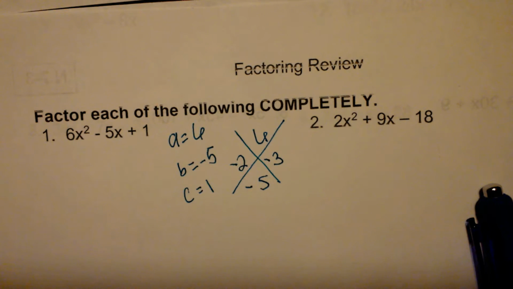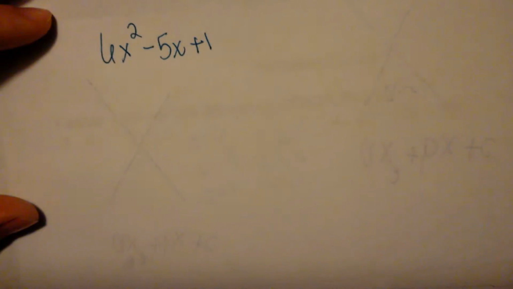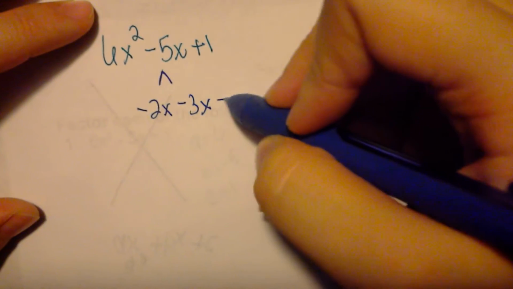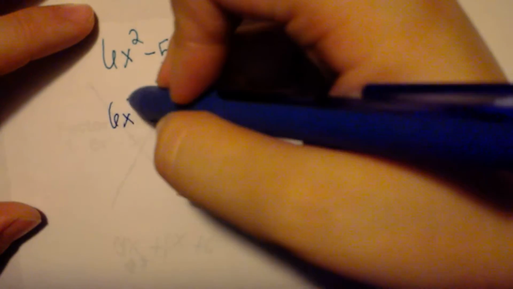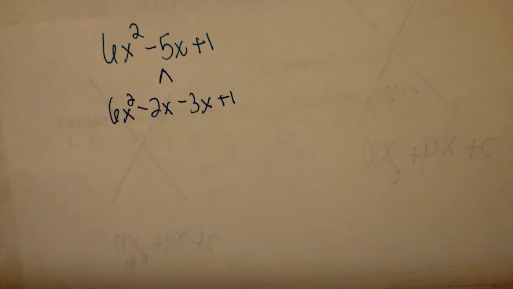So I can show you this two different ways, by grouping and by using the box. With grouping, I write out my terms. And I know I split up -5 into -2 and -3. So I'm just going to rewrite my expression.